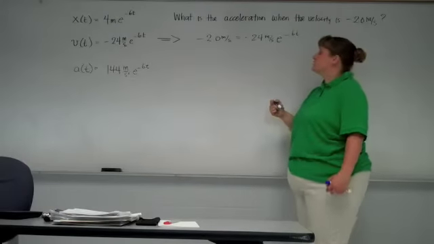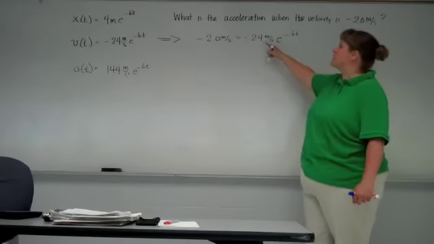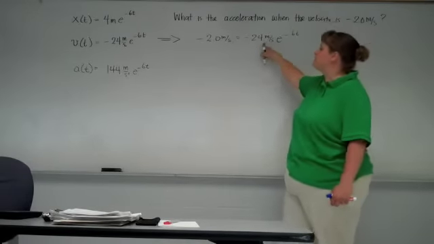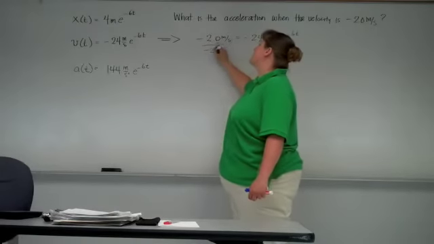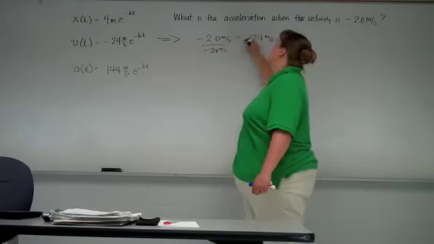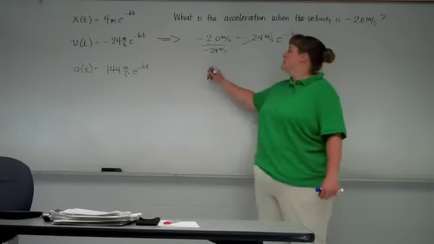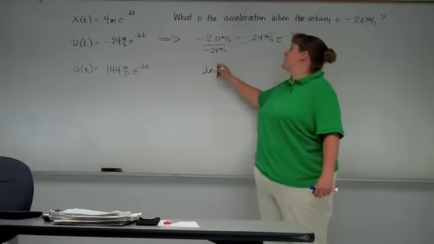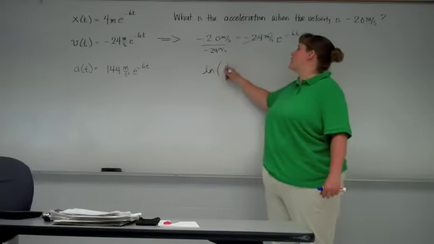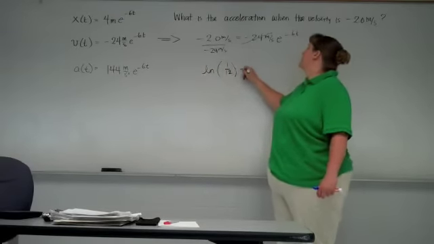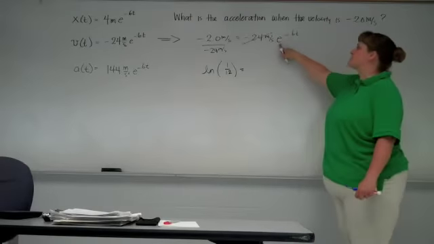So like we did on the math review here, we need to divide by the negative 24 first, so we can get the exponential by itself. We're going to take the natural log of both sides, so the natural log of 1/12 will equal the natural log of the exponential function.